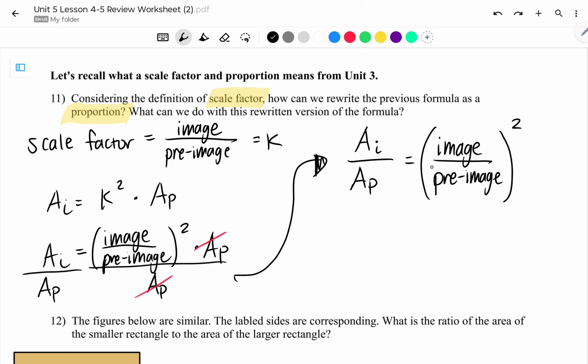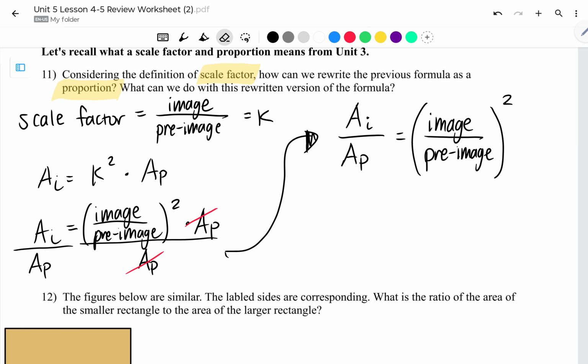The sides, the dimensions aren't squared, they're one dimensional. Like it's going to be the length and the width. The length is like in feet. That's not feet squared. Okay, so because these are one dimensional, you have to square it in order for it to be equal to the ratio of areas.